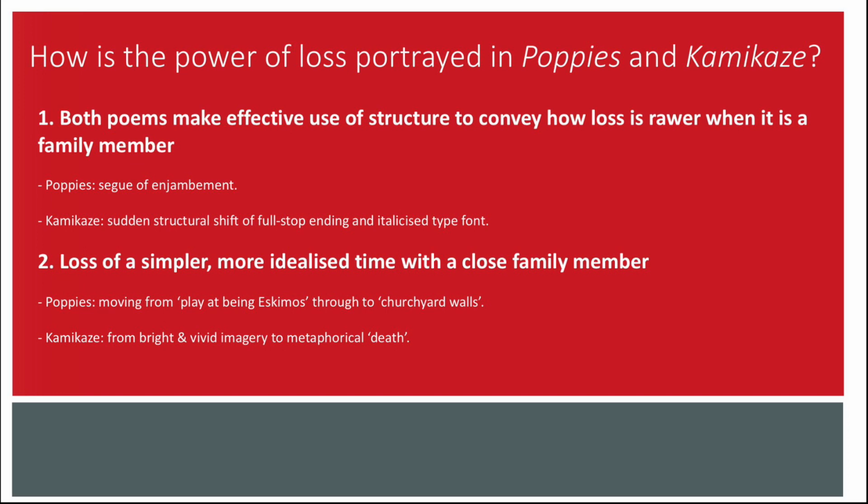So too, just like in Poppies, also in Kamikaze, we end up with a metaphorical death of the father. We hear how in the final line he had wondered what was the better way to die, because he dies metaphorically in the eyes of society. We also have, but I'm going to talk about this a bit later, the arrival in line 30 with that sudden enjambment break of the tuna, who is muscular and dangerous.